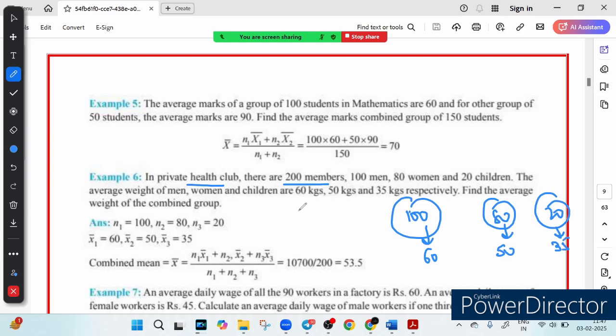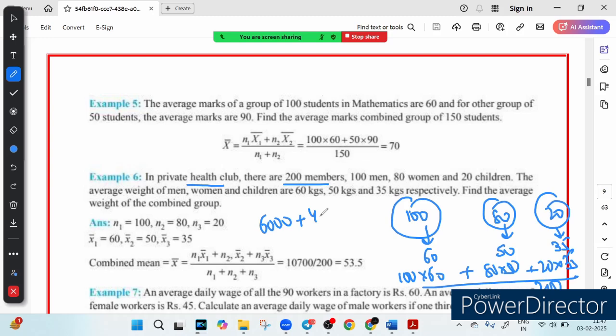So what you do? You multiply 100 with 60, you multiply 80 with 50, you multiply 20 with 35, and you add all of them and divide by the total. Total is how much? 200. So divide by 200, right? So after addition, let's see, 100 times 60 will give you 6000, plus 80 times 50 will give you how much? 4000.